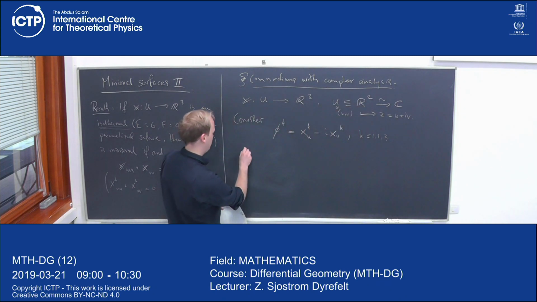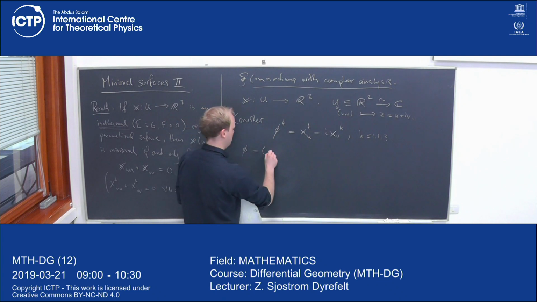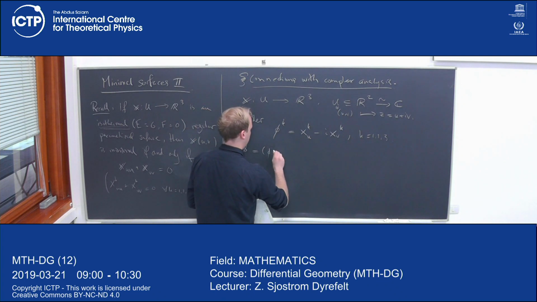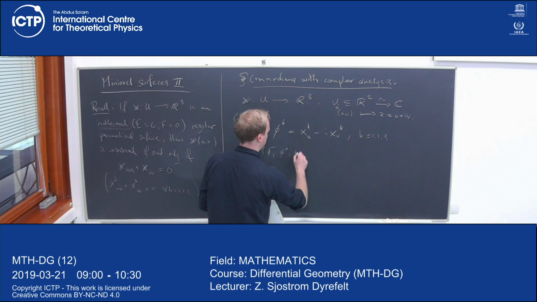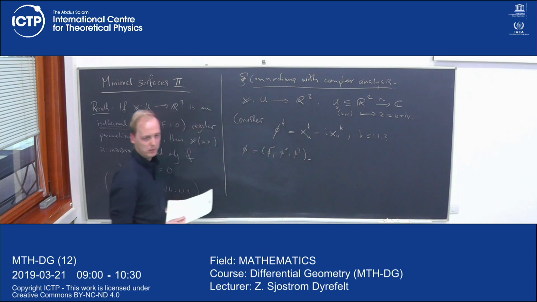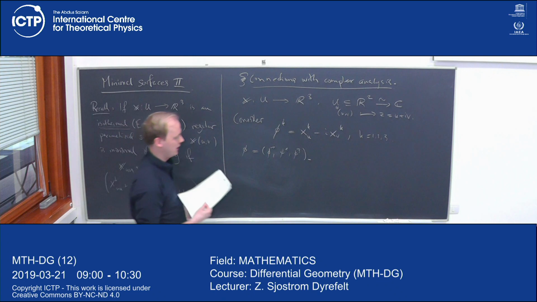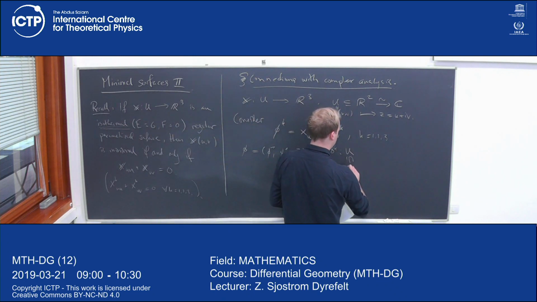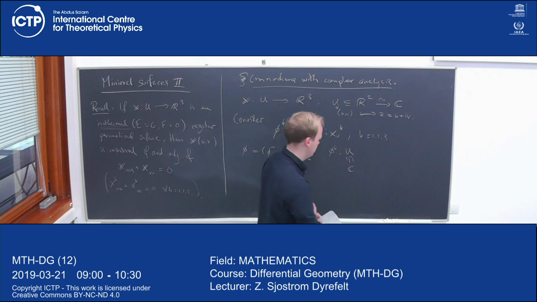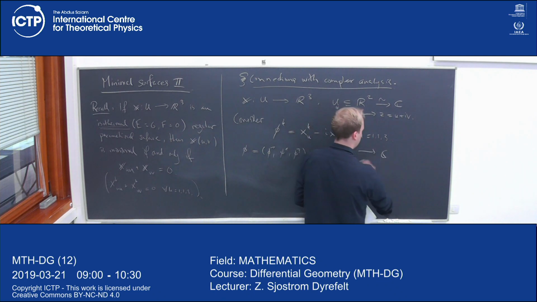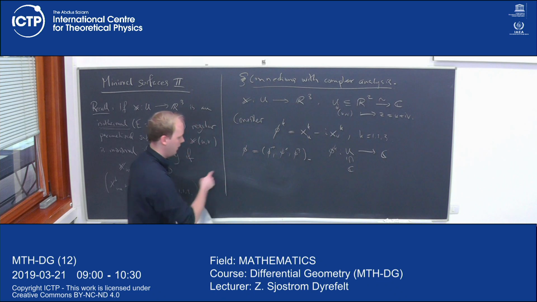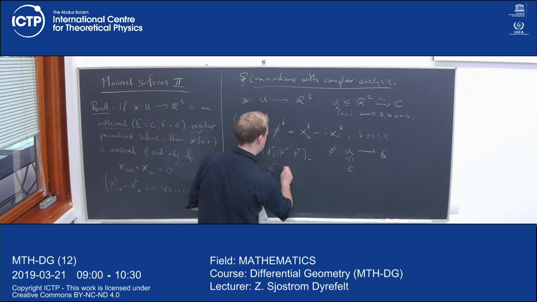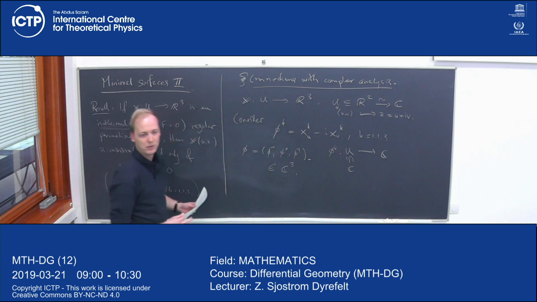And then you set phi to be this vector phi 1, phi 2, phi 3. And we will be looking at this. So each phi k now goes from U, which we view as something inside C, to the complex numbers. And this phi has an image that lies in C3.